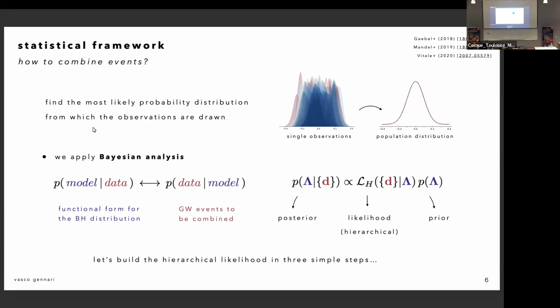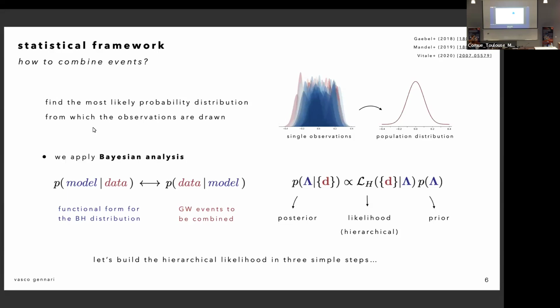And the model is that of the population, not that of the waveform. And the parameters that we will infer here, which are called big lambda, are not the ones for the single events again, but are the parameters that we use to parameterize the full population.